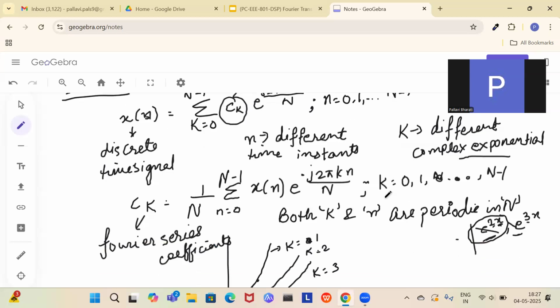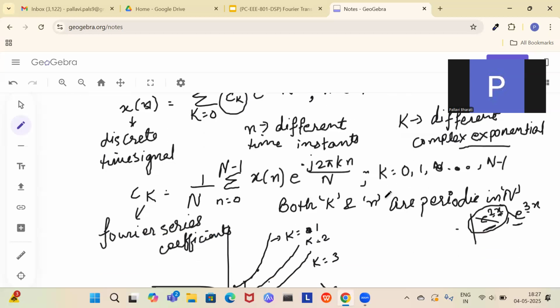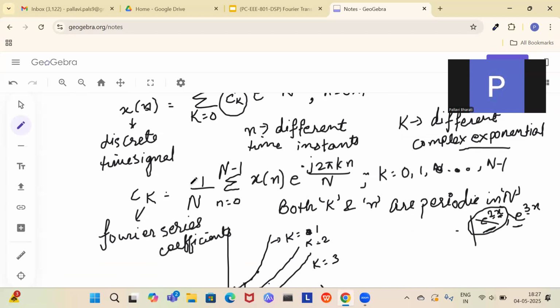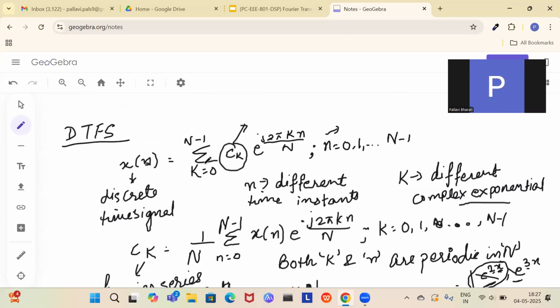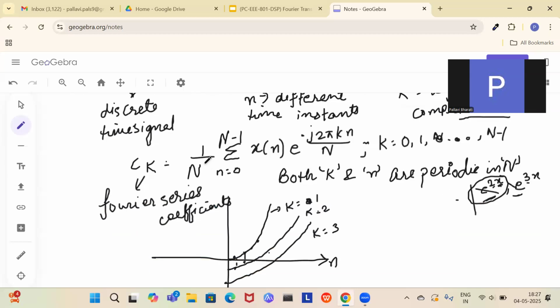We don't use these words for the series case, but if you make it analogous to the transform case, then you can say this is the discrete time Fourier series and this is the inverse of the discrete time Fourier series. Basically, when you get back the function in the time domain, we call it x[n], and if you want the function in the frequency domain, we call it c_k.